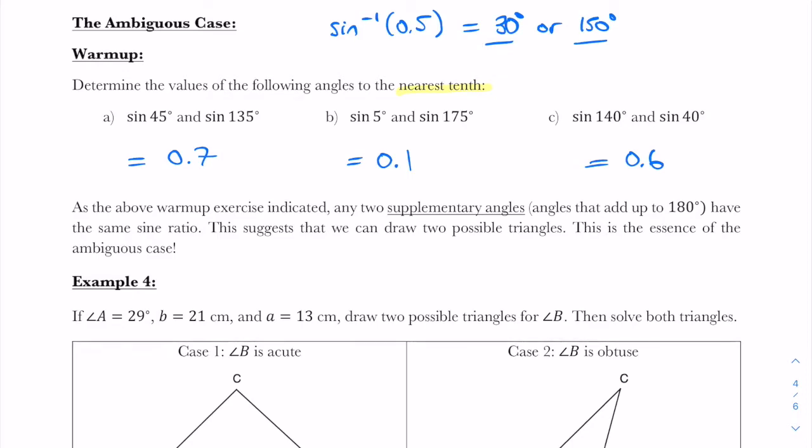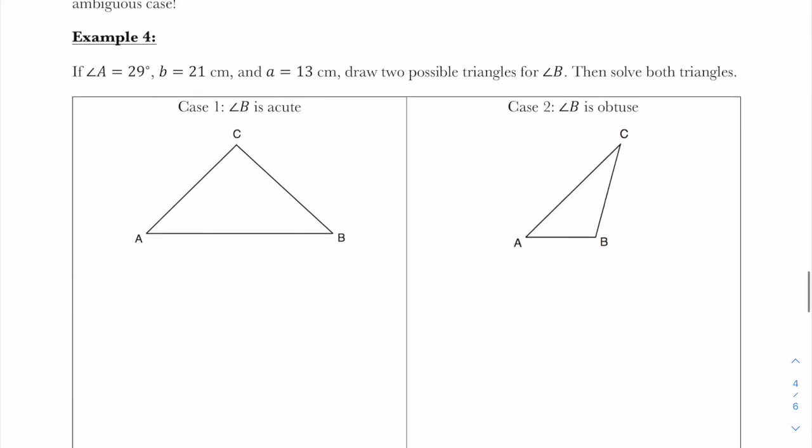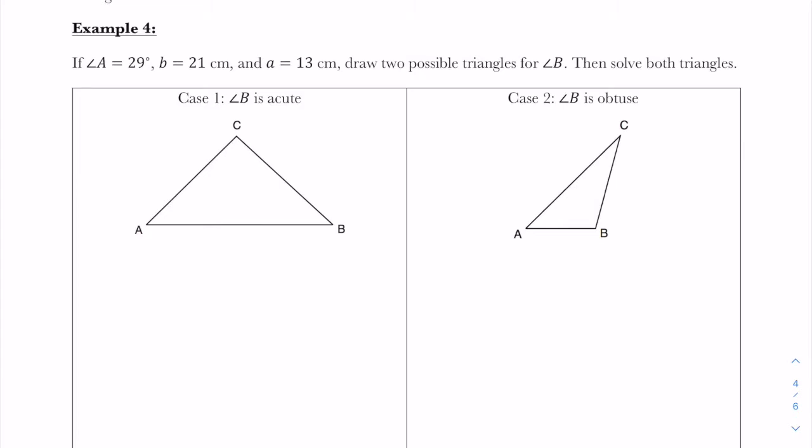Let me show you what I mean in a more practical example. In example 4, we're going to look at a triangle where angle A is 29 degrees, side b is 21 centimeters, and side a is 13 centimeters. We're going to draw two possible triangles for angle B and then solve both of them. But I'm going to have to show you what I mean over here.